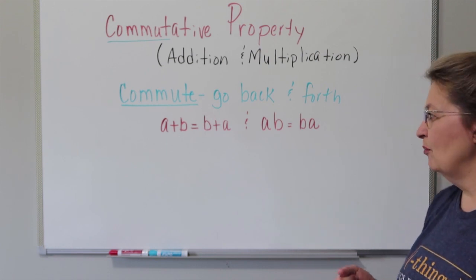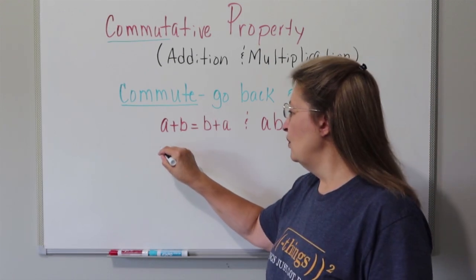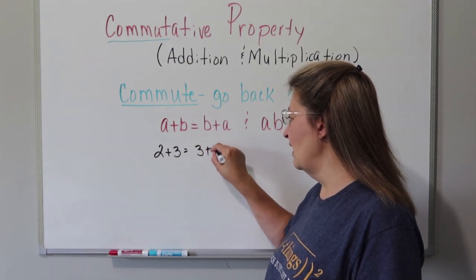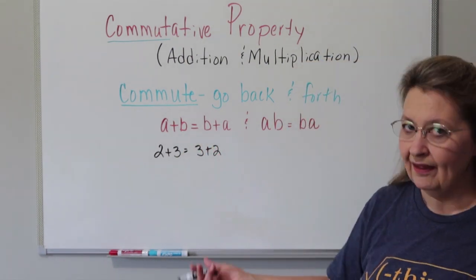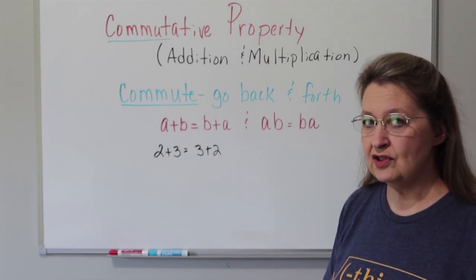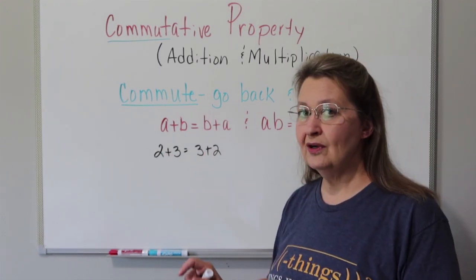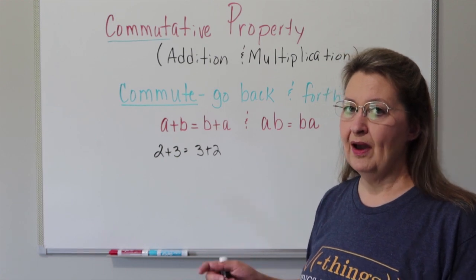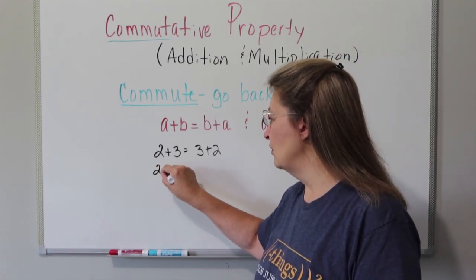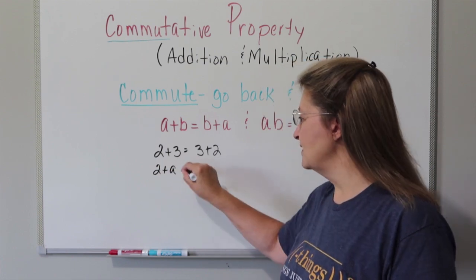Now what does this mean for numbers? Well, if you have 2 plus 3, that's the same thing as 3 plus 2. That makes sense, doesn't it? Now you see why this doesn't count for subtraction, because 2 minus 3 is not the same as 3 minus 2. In variable form, this would let you rephrase 2 plus a.